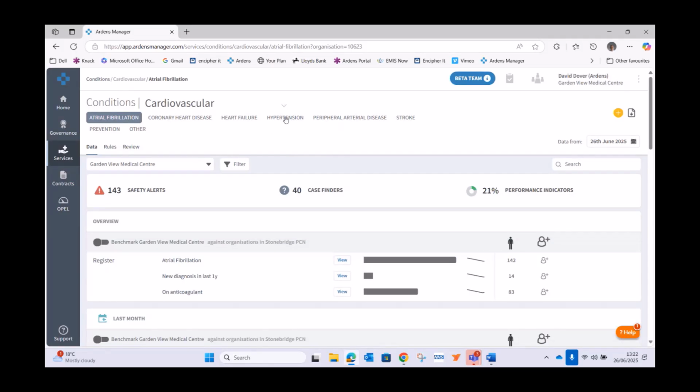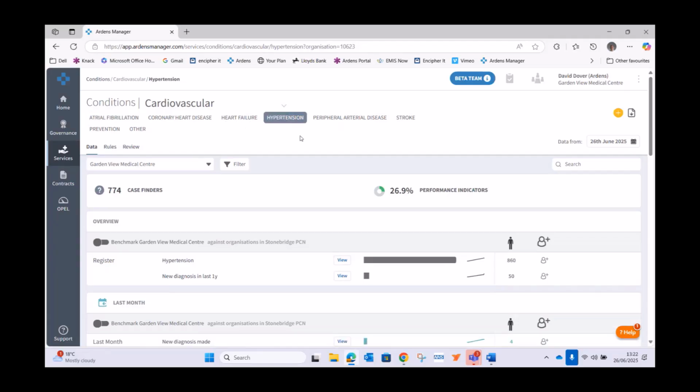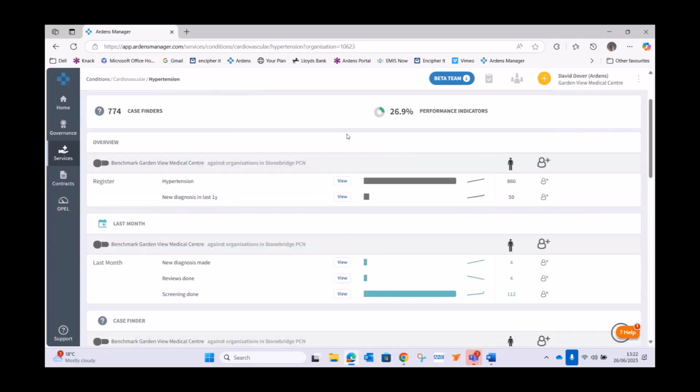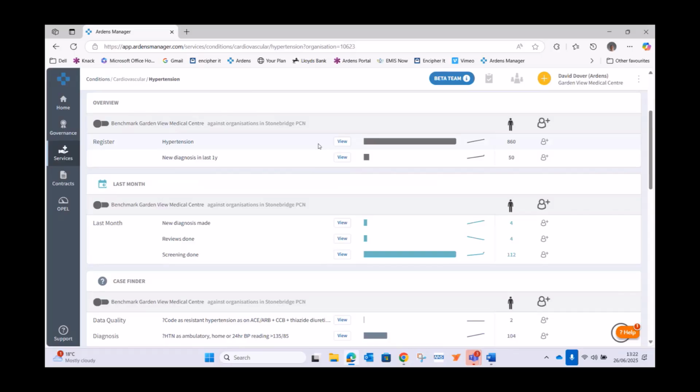If we looked at hypertension, for example, we know what our register looks like. We know what the numbers are like with new diagnoses. If I do, like Charmaine mentioned earlier, want to drill down into that patient level data, again, I'm going to give you examples of this, especially when we get onto the appointments dashboard.